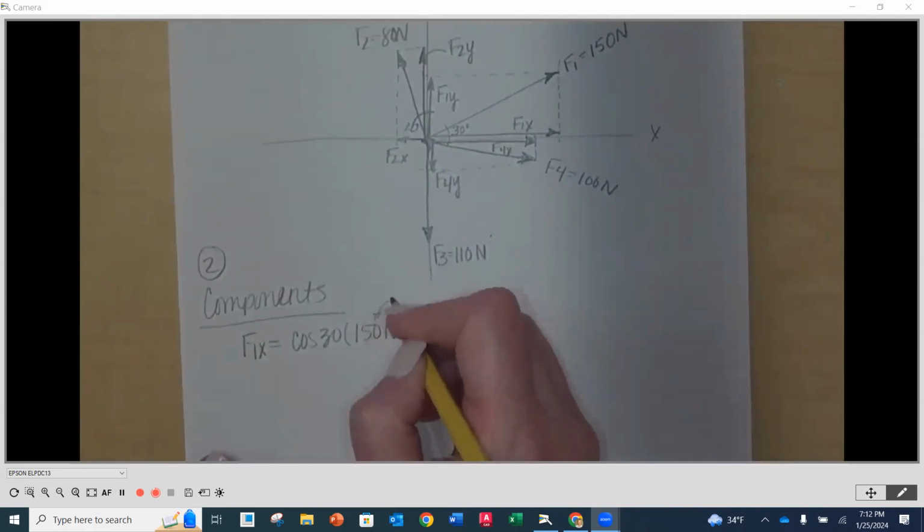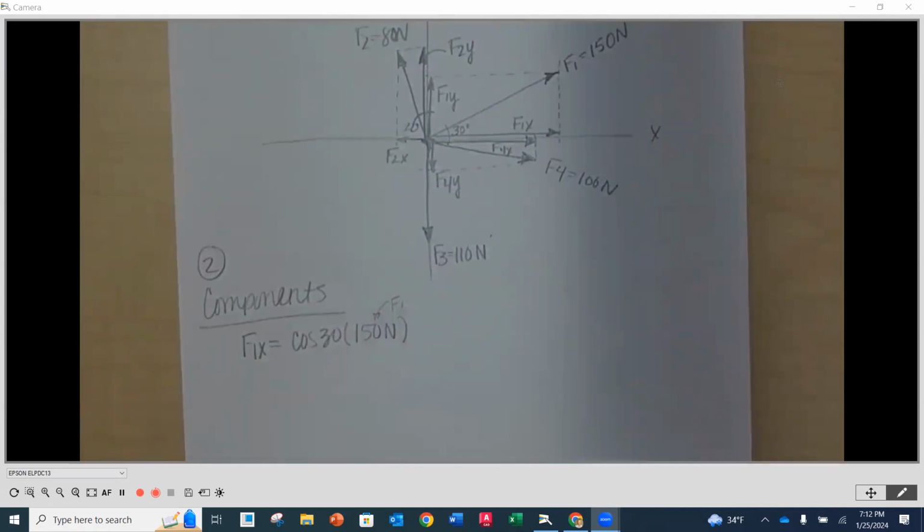This is F1. Does that make sense to everybody? You feel comfortable going there right away? If you want to write it out where cosine of 30 is equal to F1X over the hypotenuse, go ahead. But this is doing that second step right away.